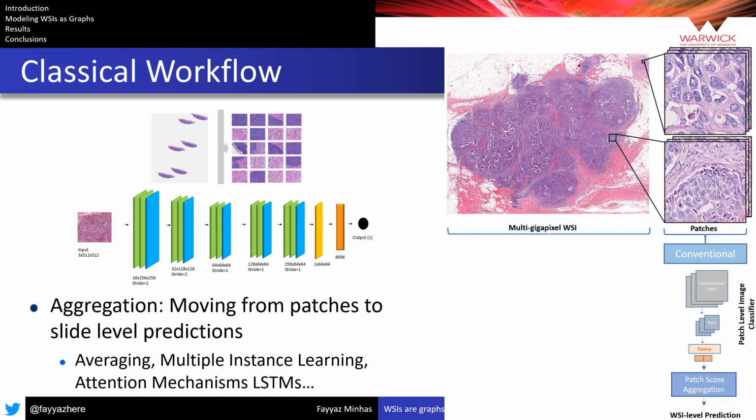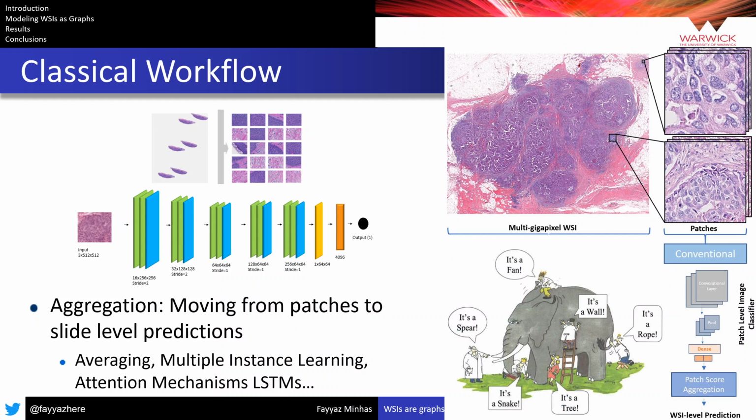There are more technical solutions based on multiple instance learning, and solutions based on attention mechanisms and long short-term memories, which work to varying degrees of success in different types of problems. However, I relate this to an analog that you see on your screen: if we have a bunch of blindfolded people touching different parts of an elephant, each one can come up with something very different, and aggregating their decisions can be quite hard.